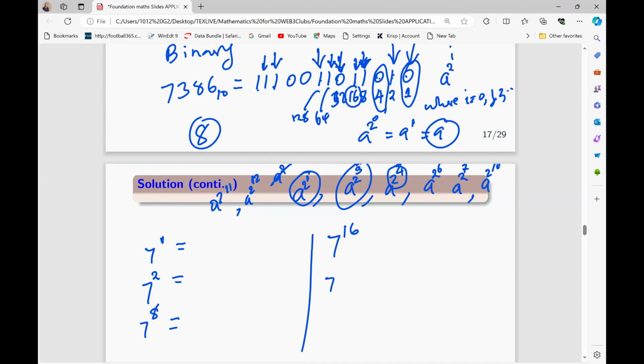Then 2 raised to 6. Is it 64? 64. And then 2 raised to 7. 128. So you must find what each of these is. And then 2 raised to 10.